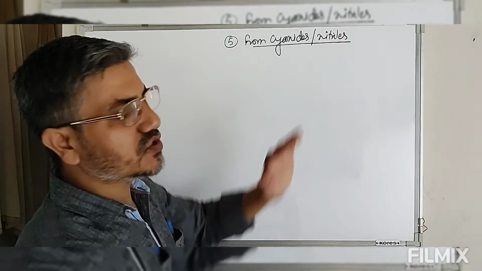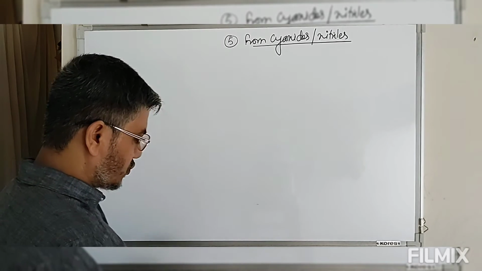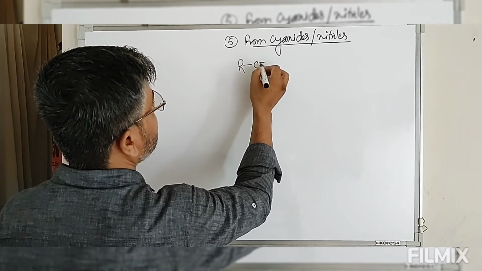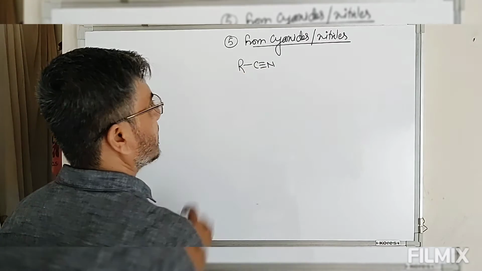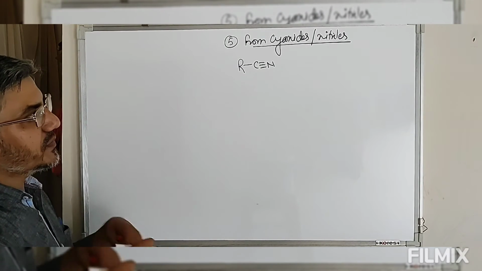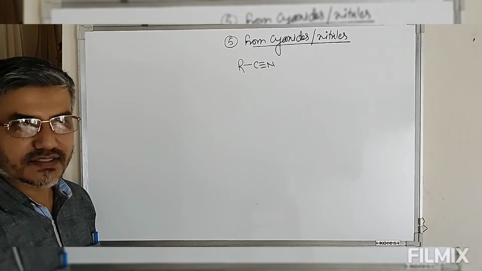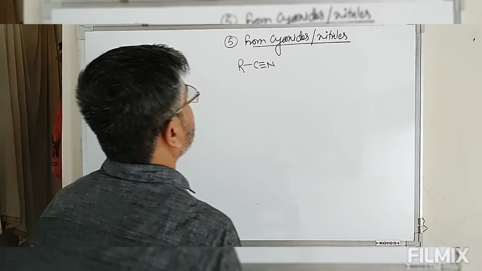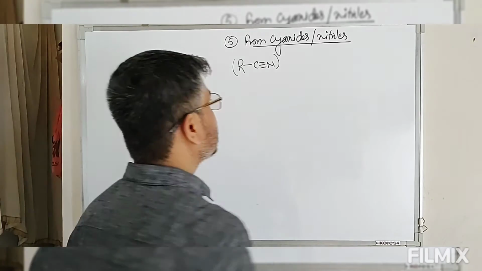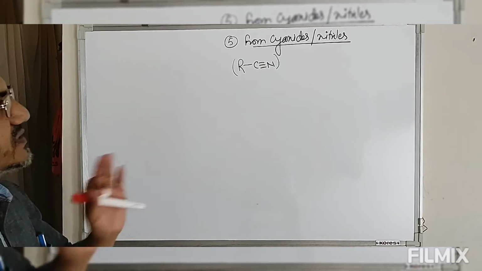Preparation from cyanides or nitriles. So cyanides or nitriles, we have this compound RC≡N. Now this cyanide or nitrile, we convert into carbonyl compounds, aldehydes and ketones. Under this, both aldehydes and ketones can be prepared from this cyanide.